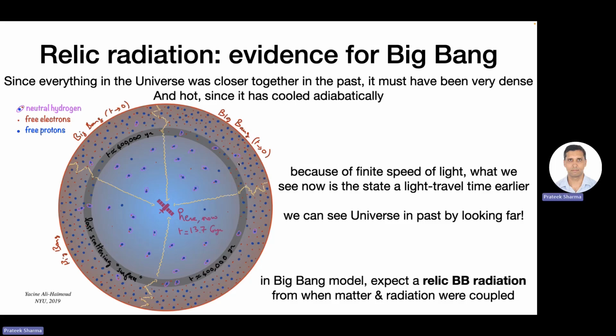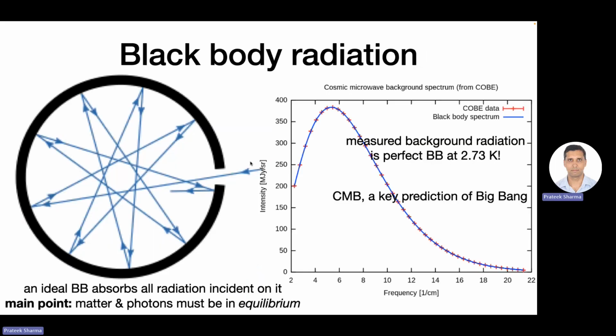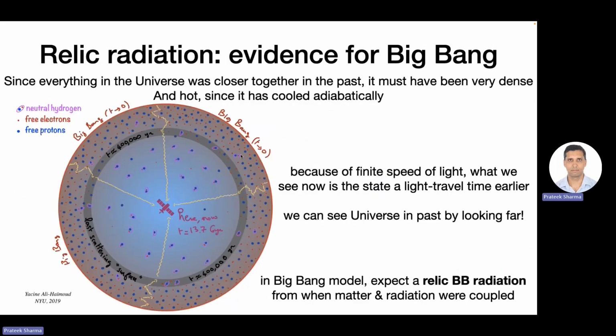Now, why are photons not free streaming here? Does anyone know? Like in this portion where the matter is in a plasma state, where there are electrons and protons just separate rather than being as atoms. Yeah, so it's essentially the free electrons interact much more strongly with photons compared to atoms.